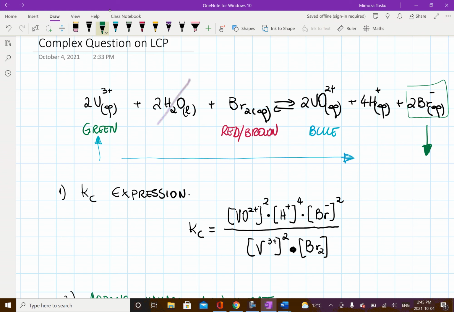So based on Le Chatelier's principle, the reaction will be shifted to replace the bromide ions that are removed. Even in this case, the reaction will shift to the right.